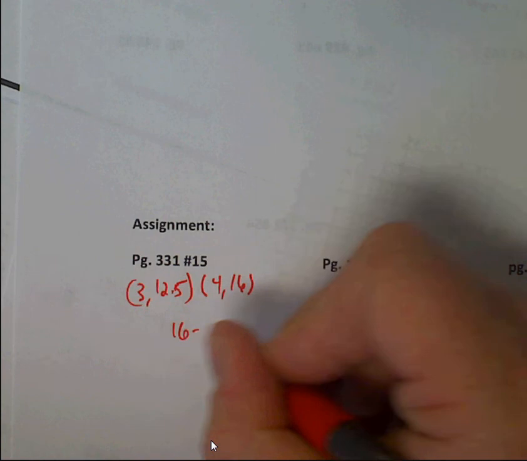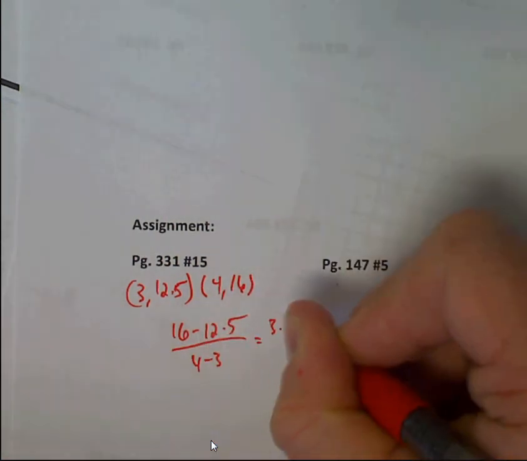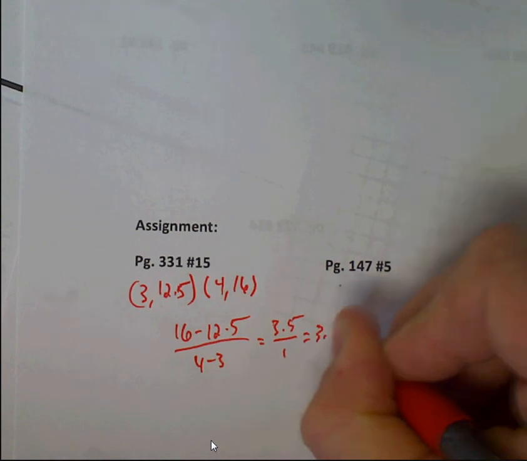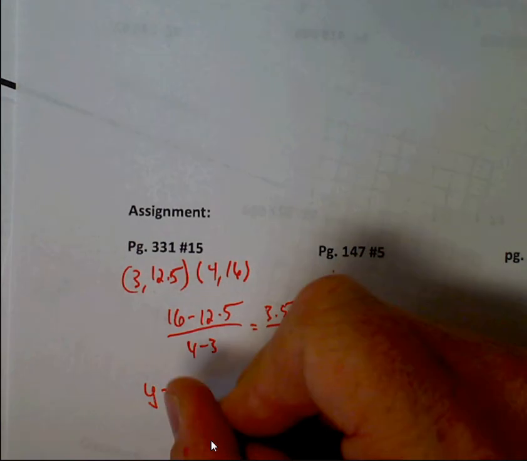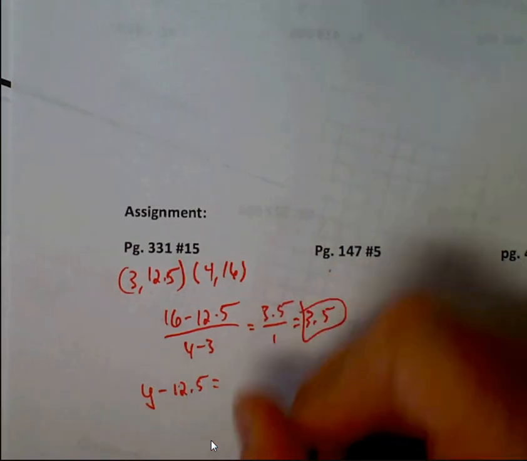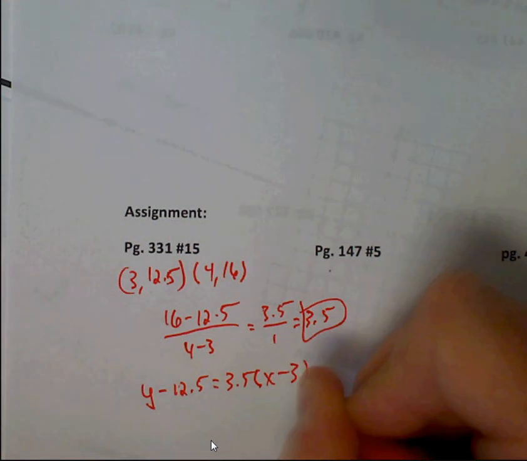So 16 minus 12.5 over 4 minus 3, that's 3.5 over 1, so my slope is 3.5. So y minus y1 equals m times (x minus x1).